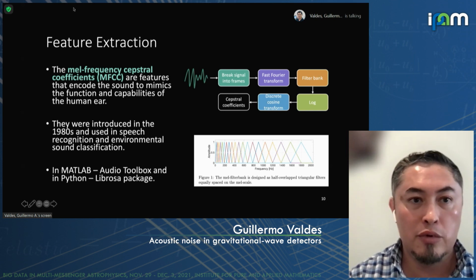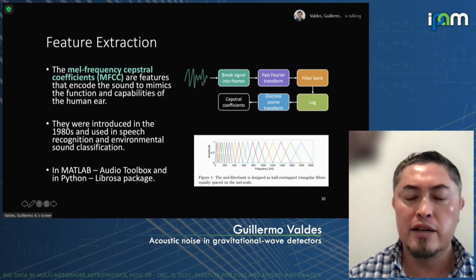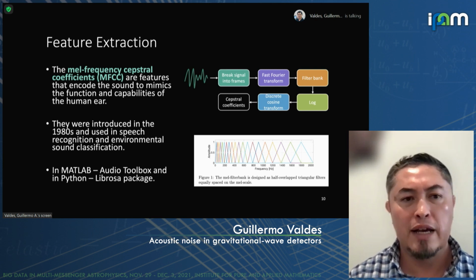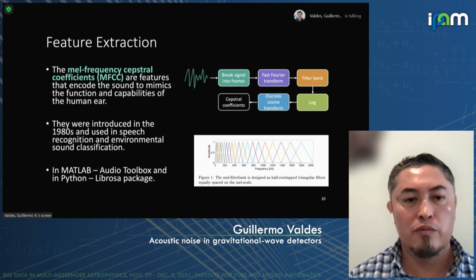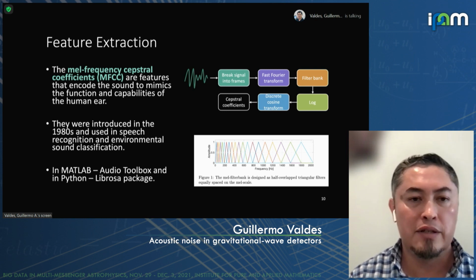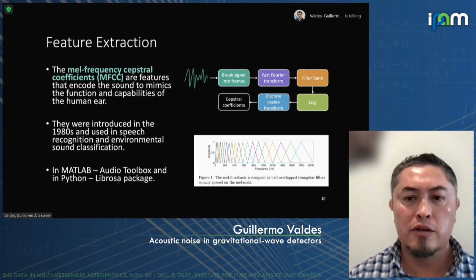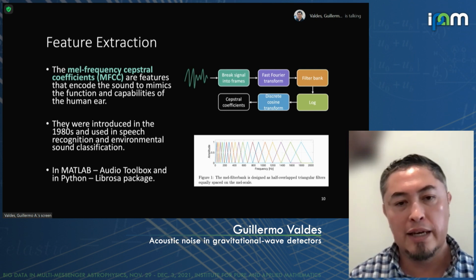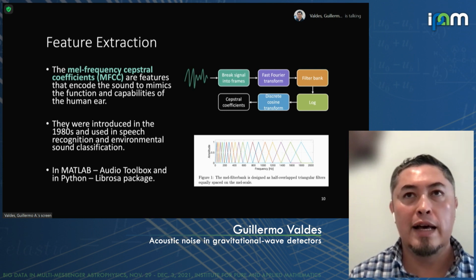Not to be too technical, you have the signal, and what the mel frequency cepstral coefficients do is break this signal into overlapping frames, and then you apply the Fourier transform. As you might know, this gets the energy of the signal, the spectrum of the signal. Then you apply a filter bank, called the mel filter bank, which uses the mel scale. Mel comes from the word melody because it simulates what human hearing does.